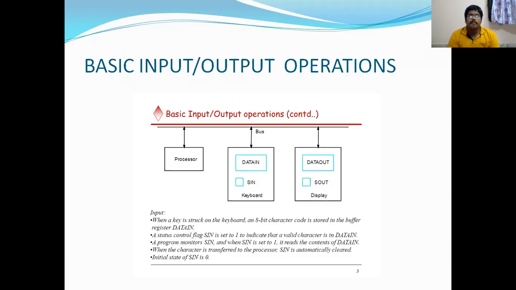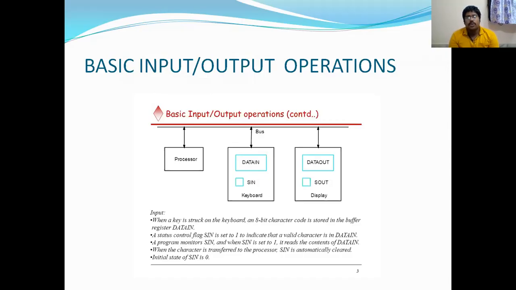So the name of the topic is basic IO operations, or basic input-output operations. You are all very familiar with what is meant by an input unit and what is meant by an output unit. What is an input unit? The units by which we give input to the processor are called input units.